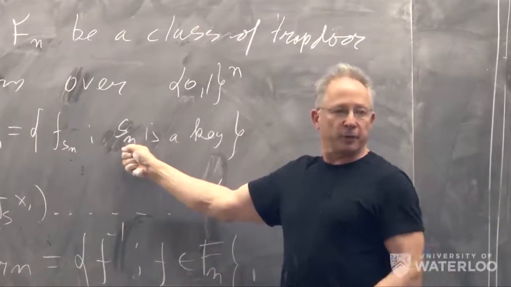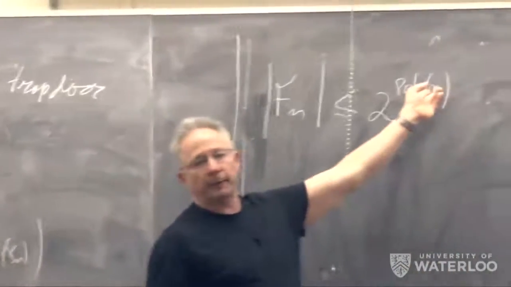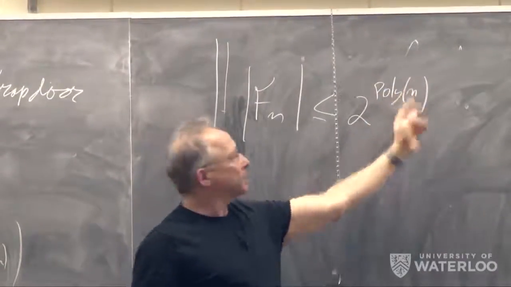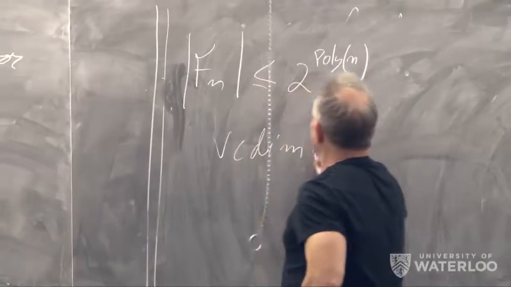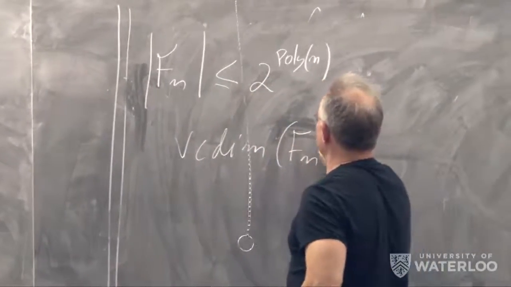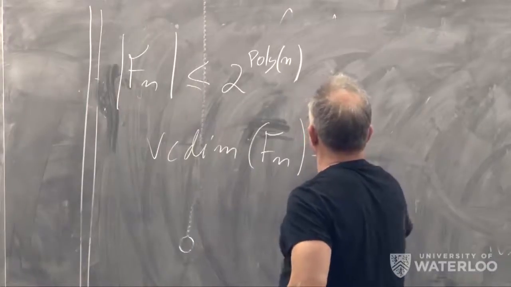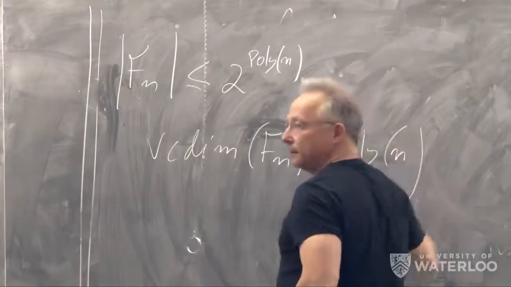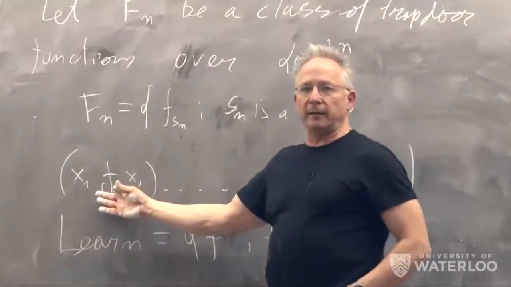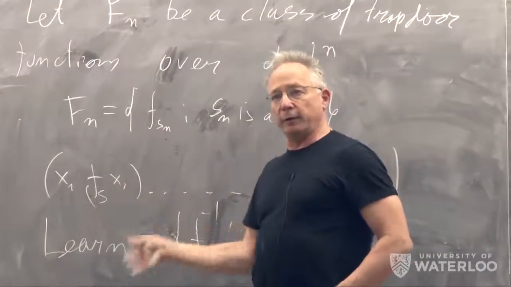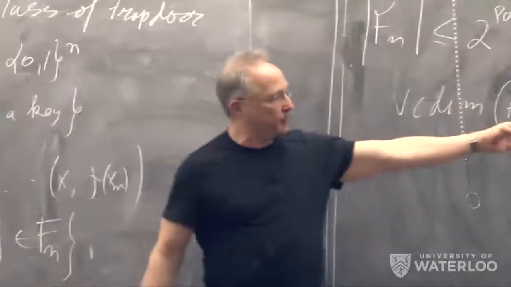The number of such binary vectors is 2 to the length of the binary vectors. So I know that the VC dimension of such f_n is polynomial in n. So the number of examples that I will need if I could learn this family efficiently will always be polynomial in n.